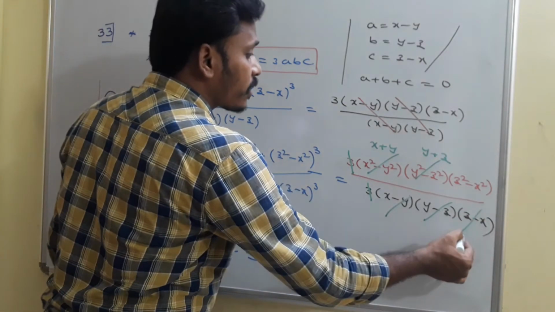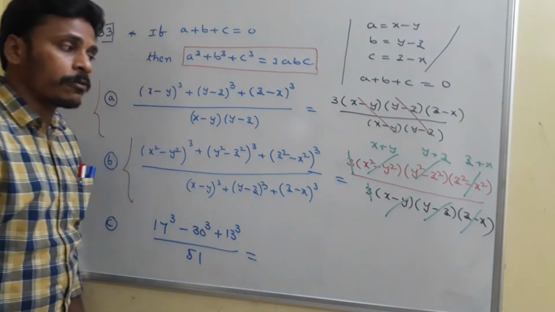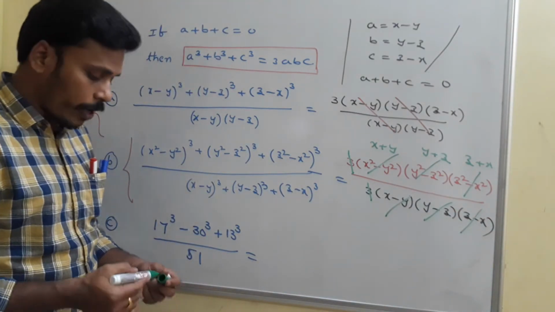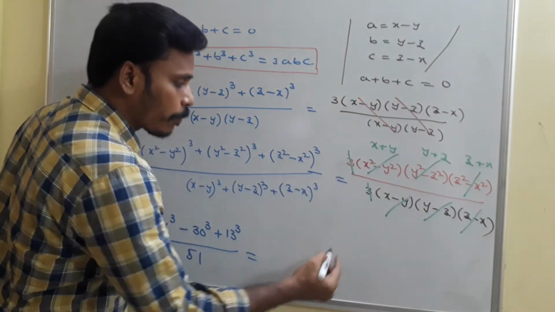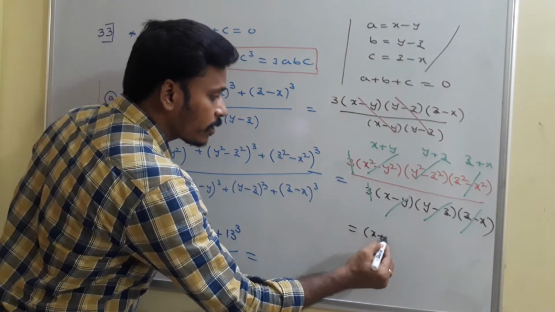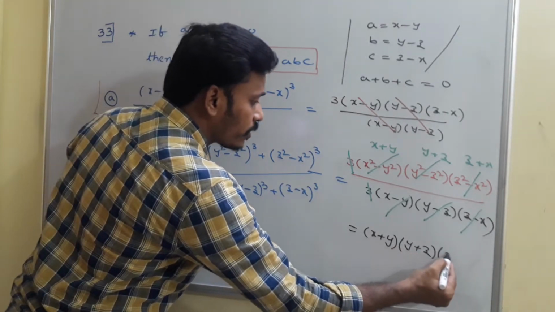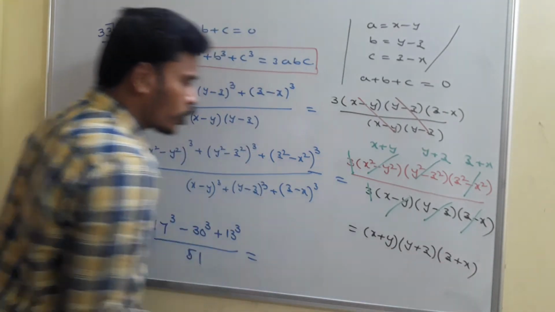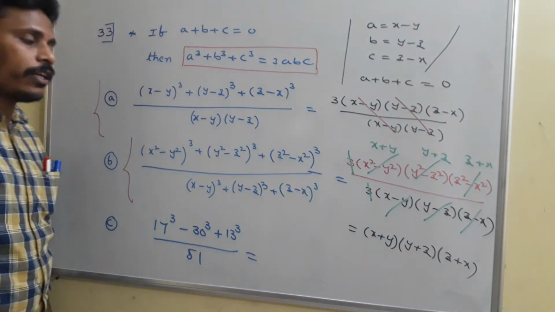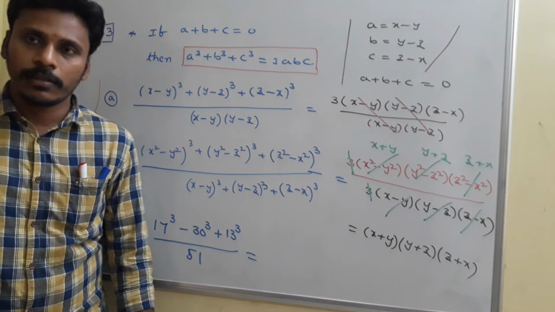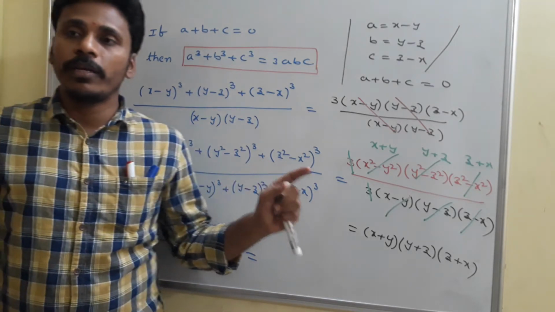And z minus x cancels z square minus x square for z plus x times, since the product is z square minus x square. At the end you are left with these three terms as a product, and your answer here is x plus y into y plus z into z plus x. So for the b part your answer is x plus y into y plus z into z plus x. In these two relations I just used that the sum of a, b and c is 0.